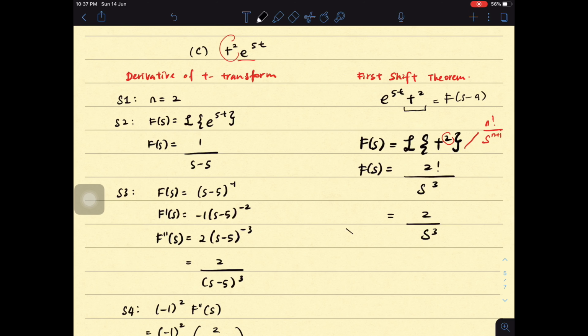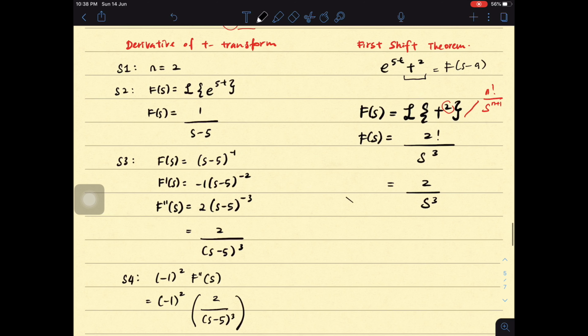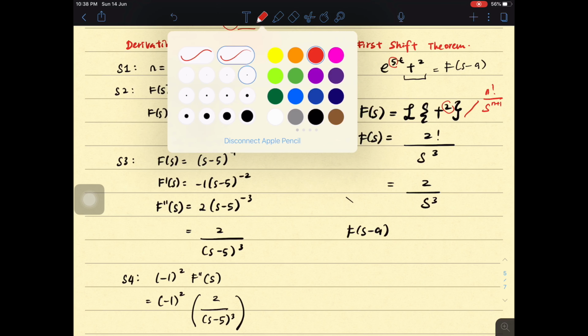By the first shift theorem, you find the Laplace transformation of the combination of two functions, where one of them is the exponential, using the formula F(s minus a). From this equation you can see that a is equal to 5, so every s you add negative 5.